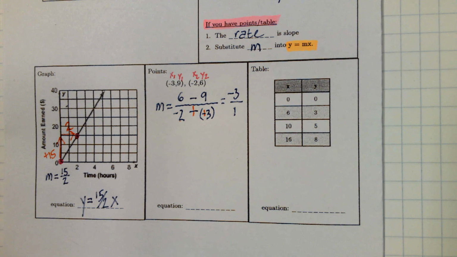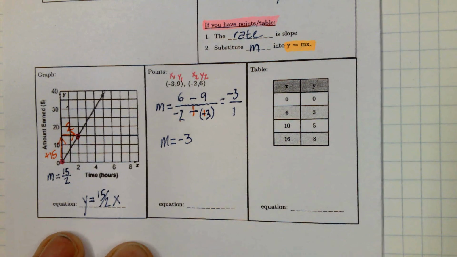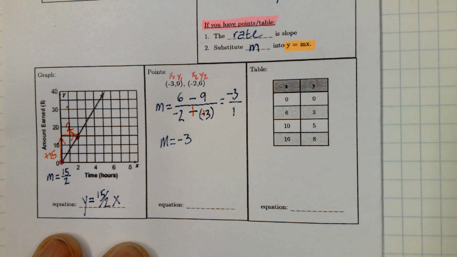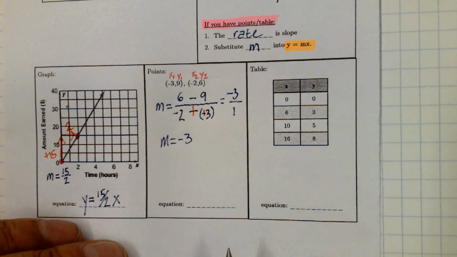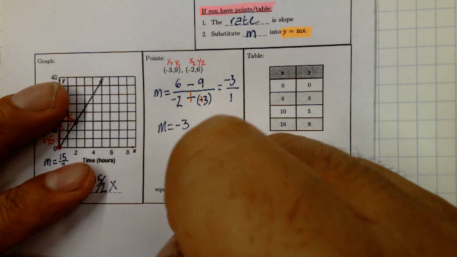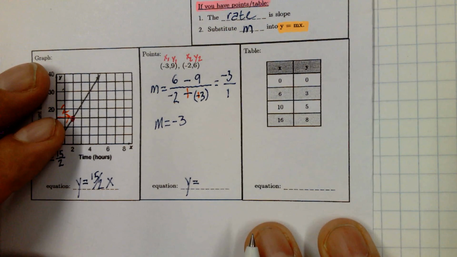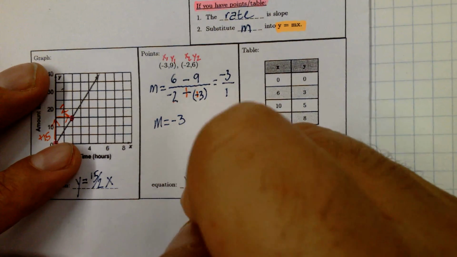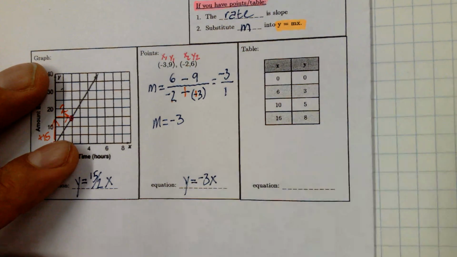Okay. All right. So we just got -3. Okay. So now we just have our m, -3. Okay. What's my equation then? Y equals -3x.